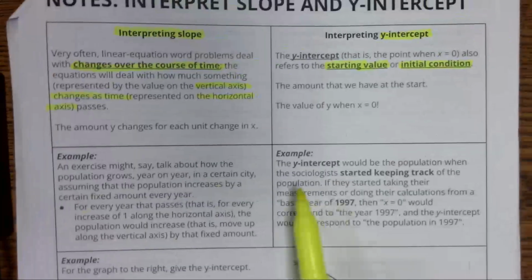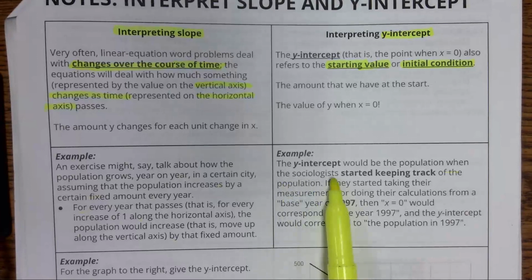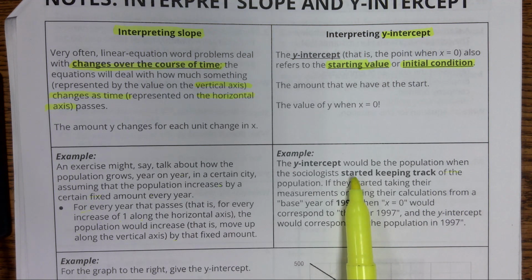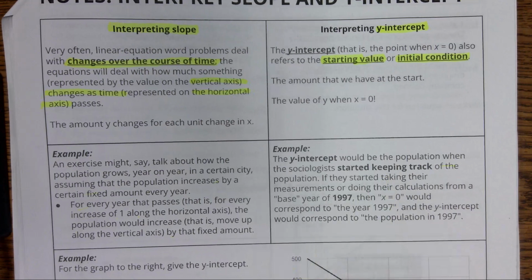The y-intercept would be the population when the sociologists, if you don't know what that means, that's not a big deal. Typically people who measure populations are sociologists. Maybe you want to go to school to be a sociologist to measure populations. I don't know. But normally, time-wise, they haven't been keeping track of it forever, so normally they're going to give like a starting time.